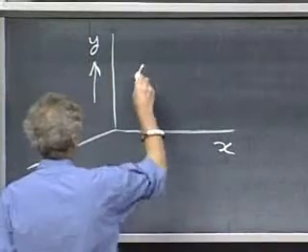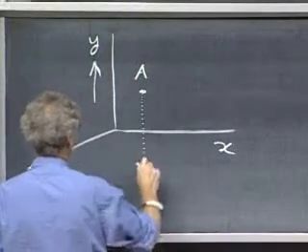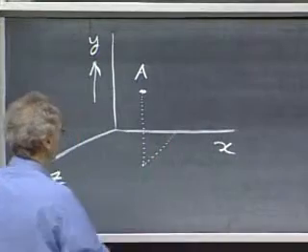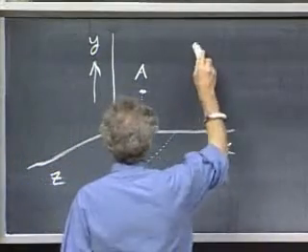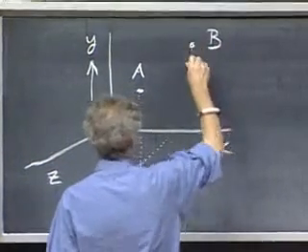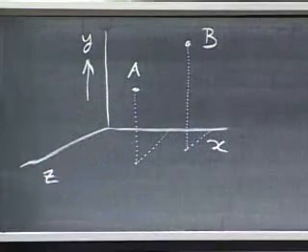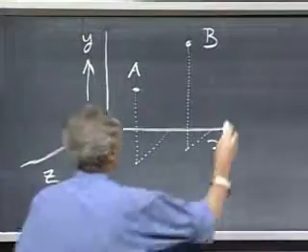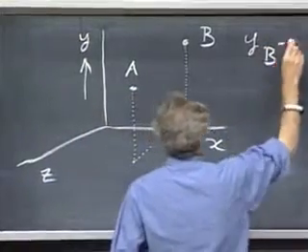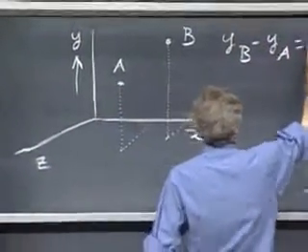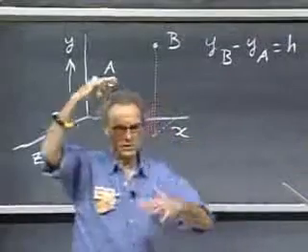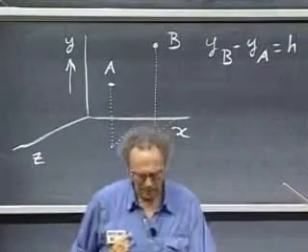And there's here point A in 3 dimensions, like this. And there is here point B. So you get a rough idea about the 3 dimensions. And y of B minus y of A equals h. That's a given. So there's a height difference between A and B.